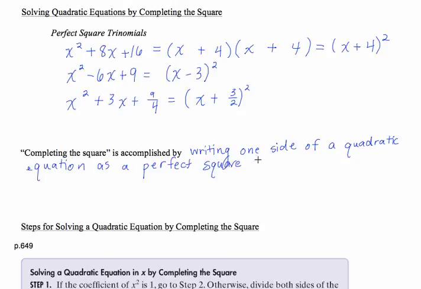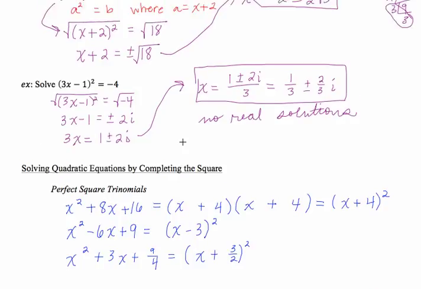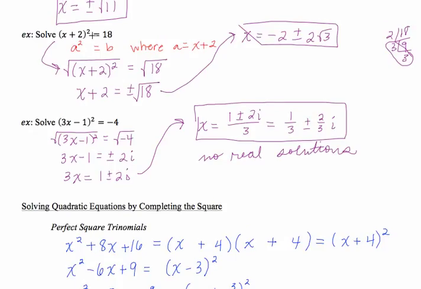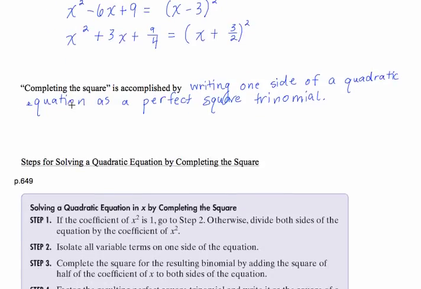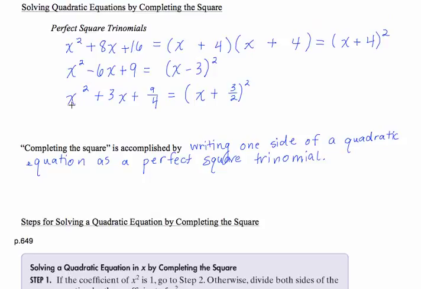Because once you write one side as a perfect square trinomial, what you can then do is take the square root of both sides, just like we did up here on these two examples. You can take the square root of both sides using the square root property and very easily solve for x. Okay, so it's easier said than done though, writing one side as a perfect square trinomial.